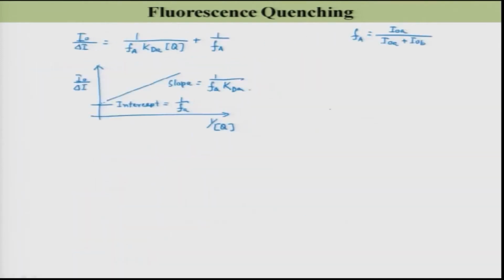Now, if both are partially accessible, in this case my equation will be: I0 is equal to I0A plus I0B, but in this case I will be equal to I0A divided by 1 plus K dA into Q plus I0B divided by 1 plus K dB into Q. It is for the side B, so I have written K dB.